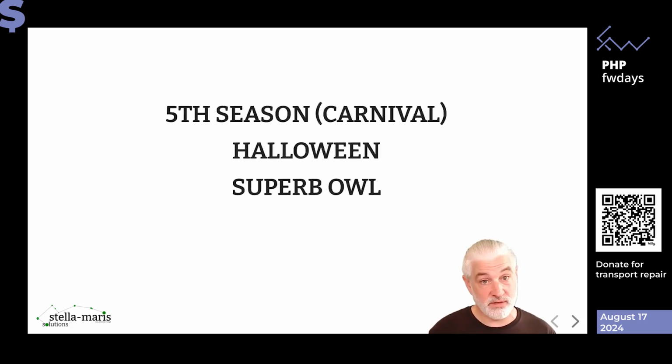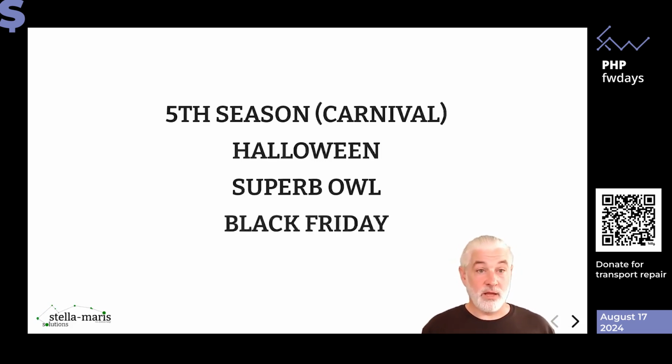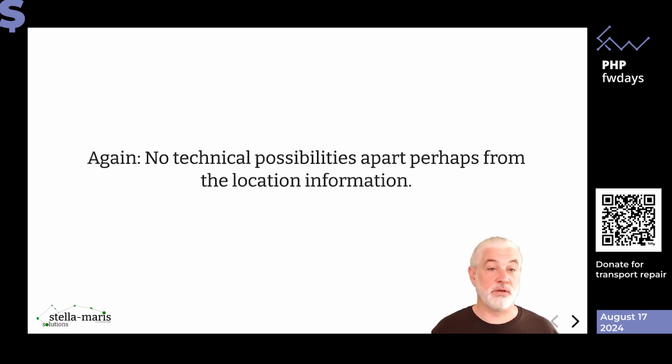Not sure how that is here in Ukraine. You have things like Black Friday, which to the US probably means something else than to Europe. And for these things, there are no technical possibilities to understand that and to incorporate that.